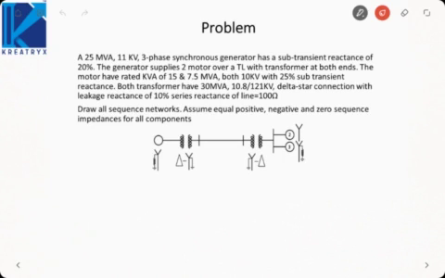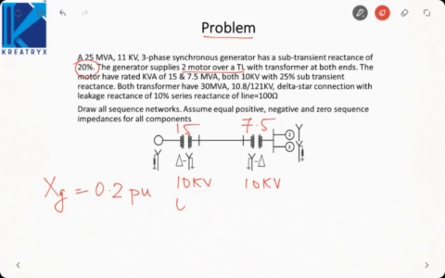Now let us understand it with the help of a problem. A 25 MVA 11 kV 3-phase synchronous generator has a sub-transient reactance of 20%. So generator reactance is 0.2 pu. The generator supplies two motors over a transmission line with transformer at both ends, having rated MVA of 15 MVA, 7.5 MVA, both 10 kV with 0.25 subtransient reactance.